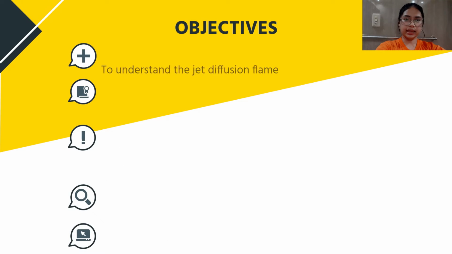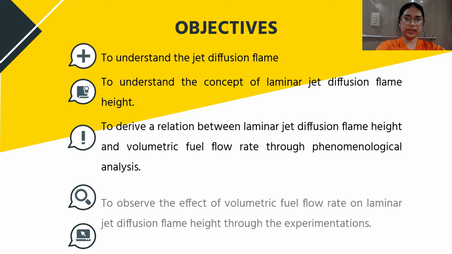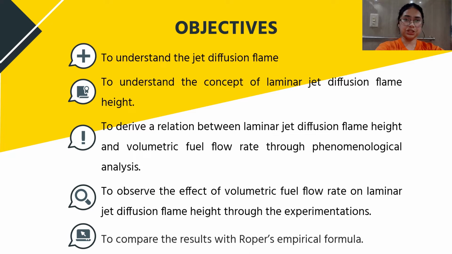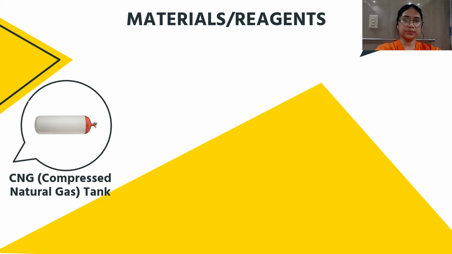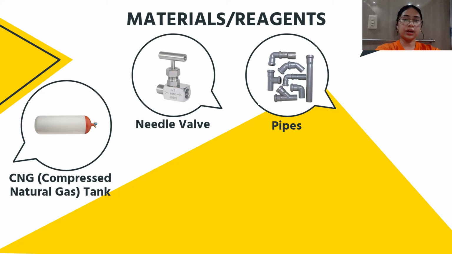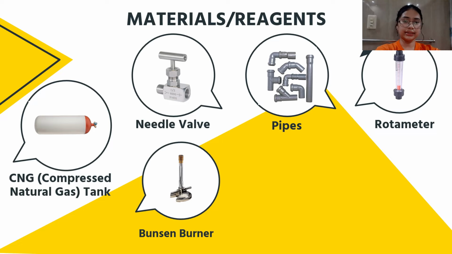This laboratory experiment aims to understand the jet diffusion flame, understand the concept of laminar jet diffusion flame height, derive a relation between laminar jet diffusion flame height and flow rate through phenomenological analysis, observe the effect of volumetric fuel flow rate on laminar jet diffusion flame height through experimentation, and compare the results with Roper's empirical formula.